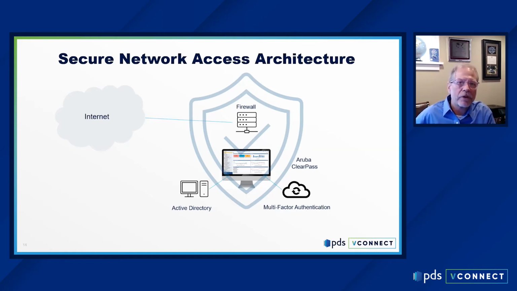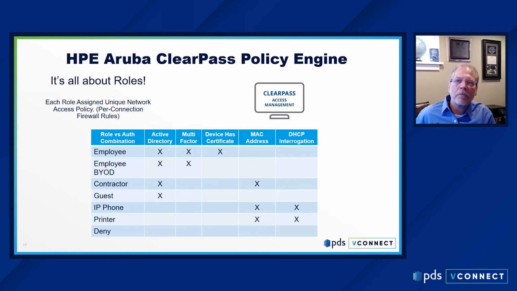Talked about Active Directory, multi-factor, all those kinds of things, and make decisions about what rights that user should have, or that connection should have, more importantly, when it is attached to the network. And so in this case, it's really kind of a very powerful decision tree that Aruba ClearPass is able to fulfill.